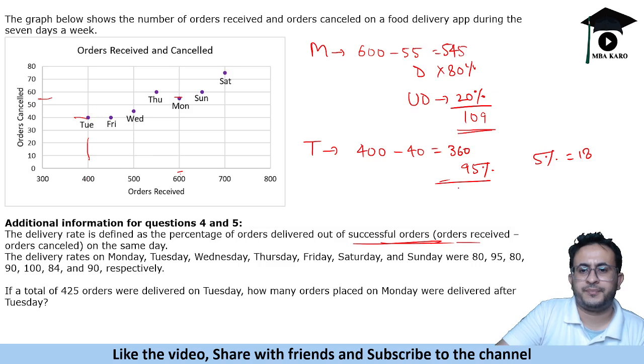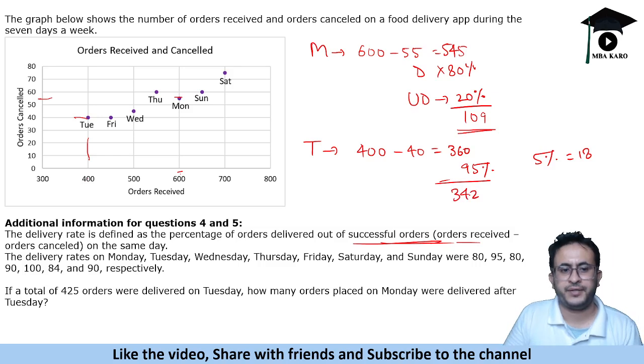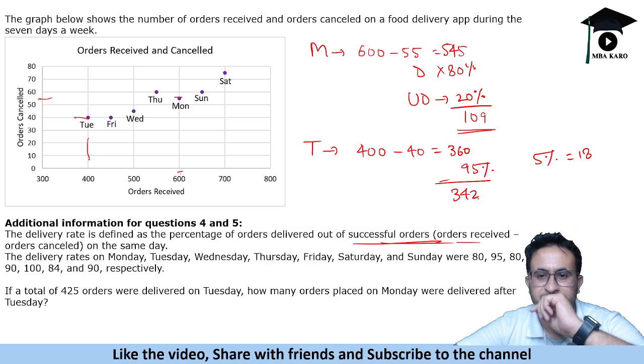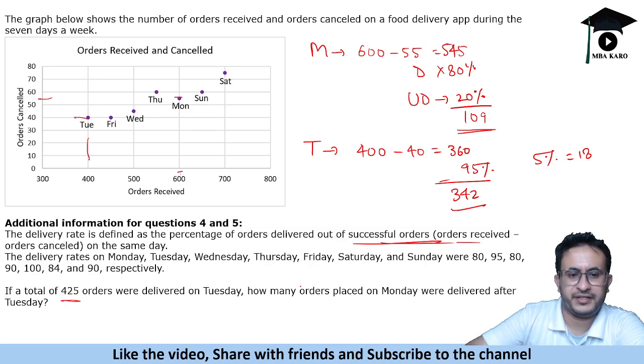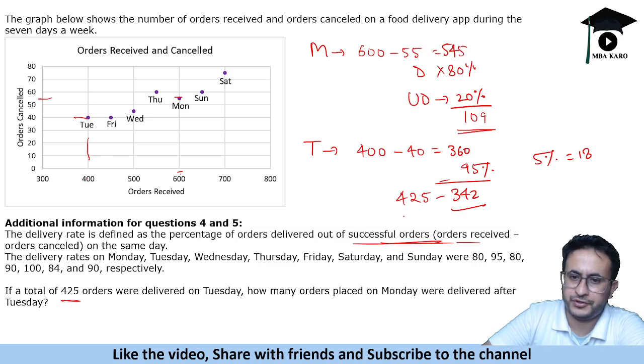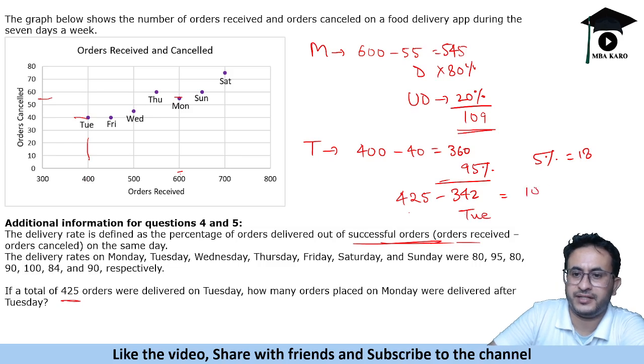So we are subtracting 18, that will give us 342 deliveries. Now we are given that 425 were delivered on Tuesday. So 425 were delivered, 340 are of Tuesday, so that means the remaining 83 are of Monday.